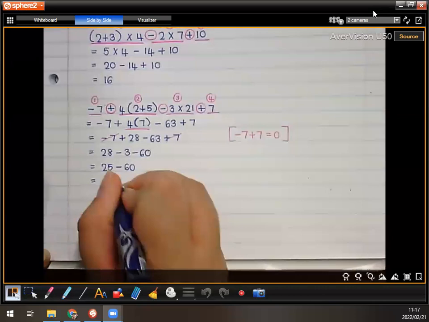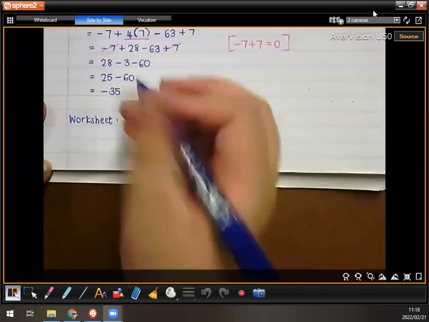Okay, I'm going to write that down like I said. I'm going to say 28, and I'm technically breaking up the 63 into a -3 and a -60. You don't have to write this down if you don't want to. It's just an easier way with numbers that are so big. So 28 minus 3, we can all do that, right? That's easy. That's 25. But then we still have to subtract 60. 25 minus 25 gives you 0. Do we all agree with that?